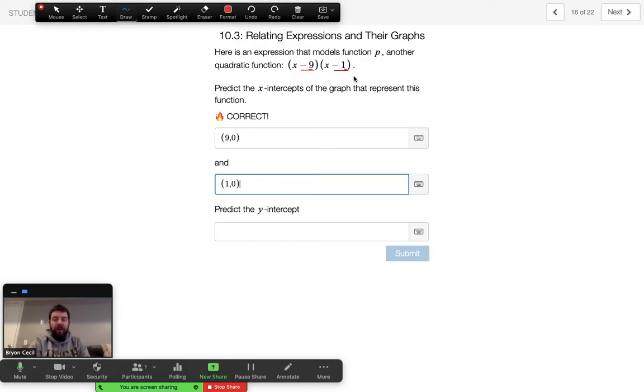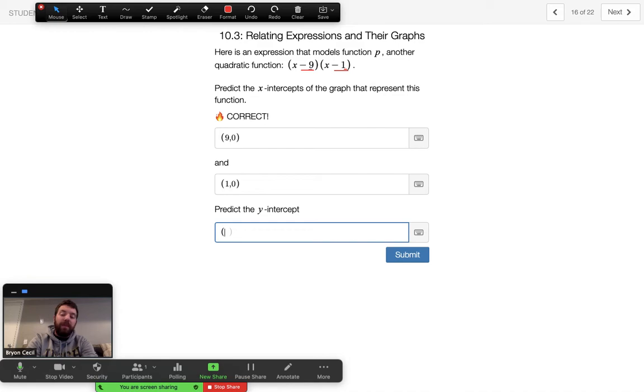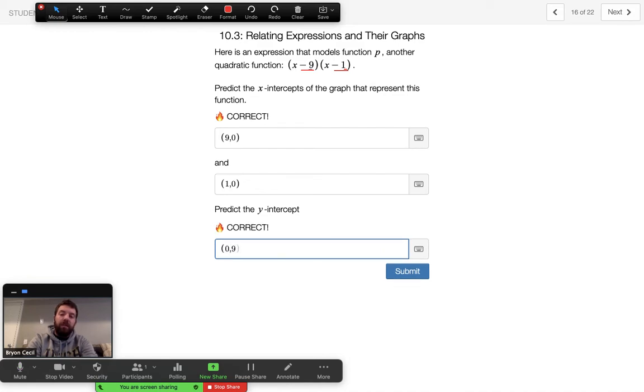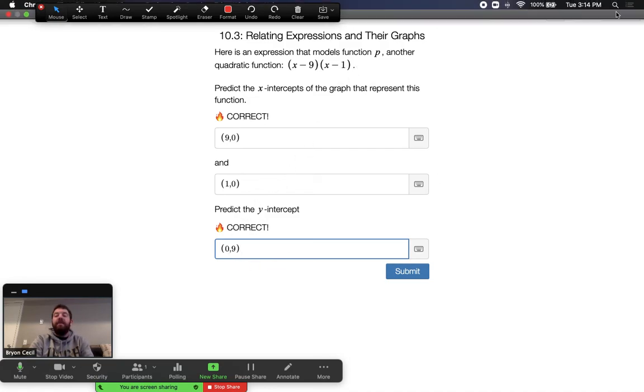Okay, so negative 9 times negative 1 is 9. That's my y-value when x is 0, we're at 9. Okay, so there we go. And you can do a little bit of input-output too there. We know that's the L in FOIL, but this is a 0, this is a 0. So negative 9 times negative 1 gives me a 9.